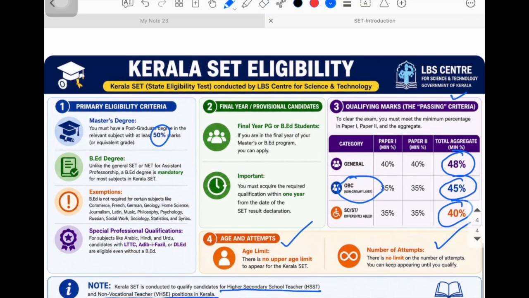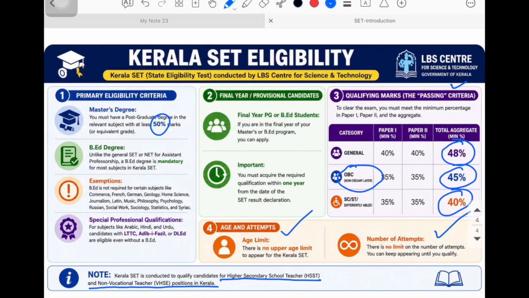So these are the details of the state eligibility test in the different states. And now what I want to tell you is that we are giving a course for the state eligibility test in physics. If you attend our course material and tests, for every topic you will get a test, both from paper 1 and paper 2, and that test is designed based on the PYQs.